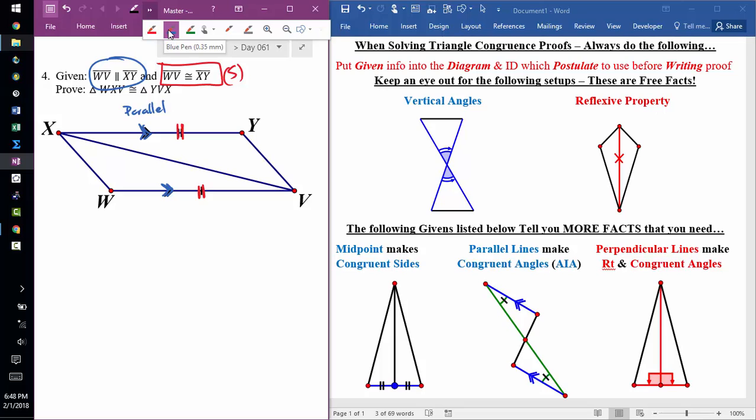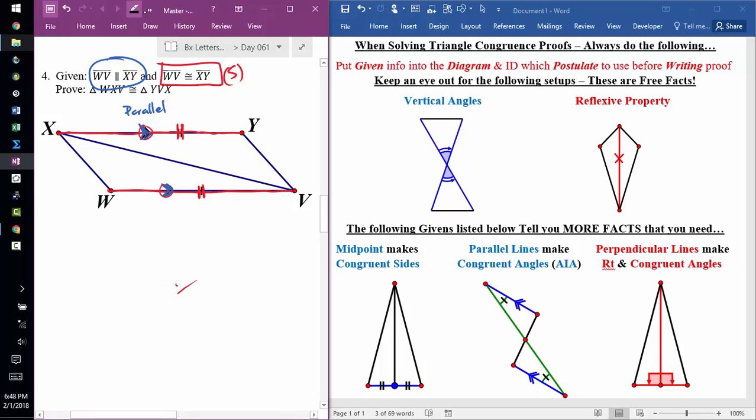So I'll do that with a red. That will show up nice. So here is that parallel line at the top. Here is that parallel line at the bottom, right? Boom and boom.